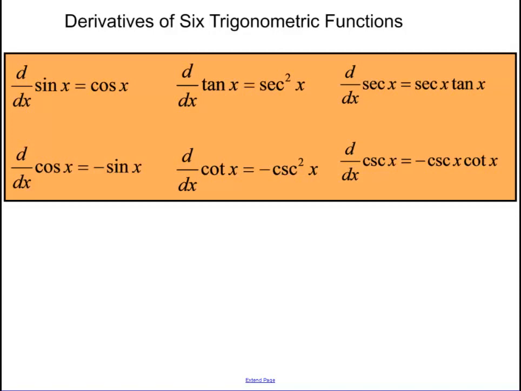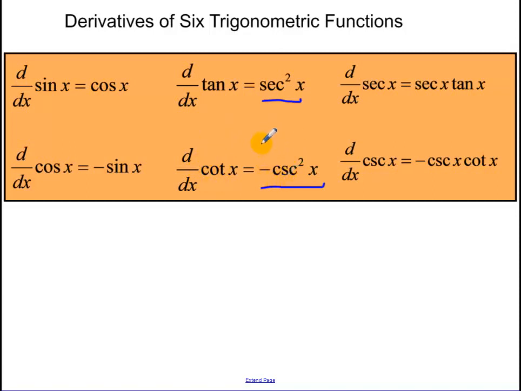Their derivatives are essentially the opposite of each other, where the derivative of sine is the cosine, but the derivative of cosine is the negative sine. For tangent and cotangent, I have those lined up together because each one of those has a squared to it. Just remember, co-derivatives are negative, and the co's also hang out together.